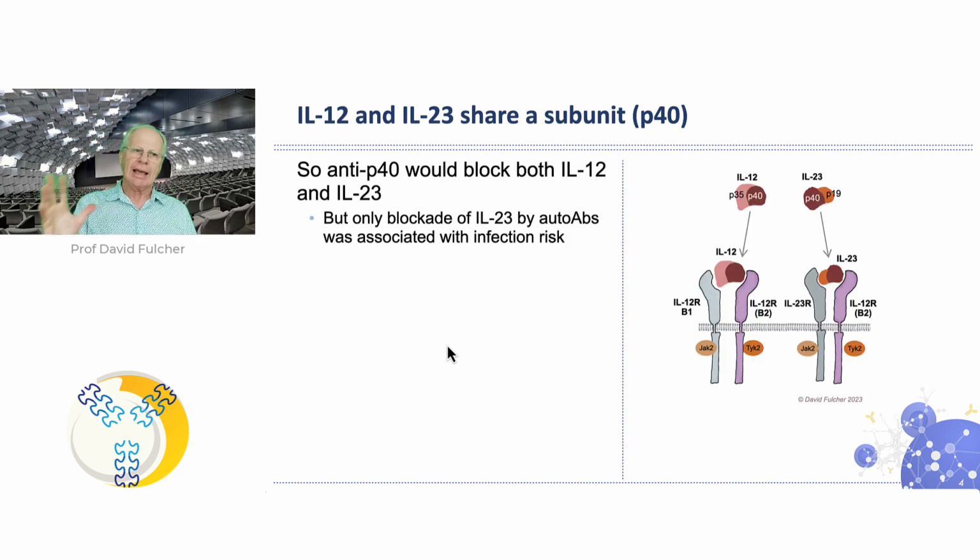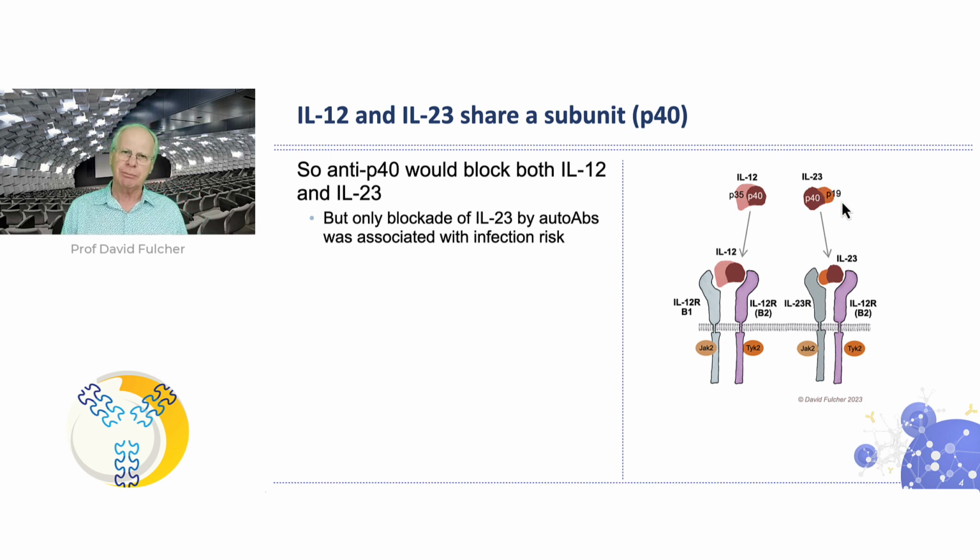Now, this has a little bit of a conundrum and I don't want you to get too scared at this point about the detail, but I have to mention that interleukin-12 and interleukin-23 share a subunit called p40, and in interleukin-12, the p40 links to p35, and in interleukin-23, the p40 links to p19.